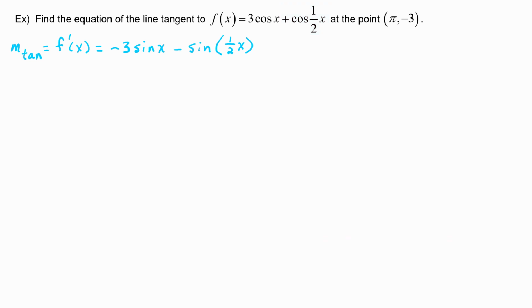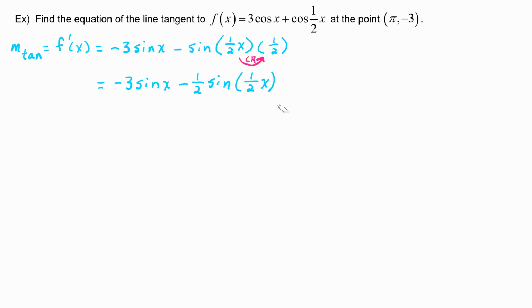And then the chain rule tells us we have to take it times the derivative of the stuff. So the derivative of 1/2 x is 1/2. So now this is going to equal negative 3 sine x minus 1/2 sine of 1/2 x.